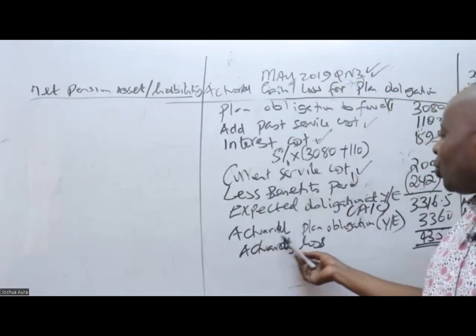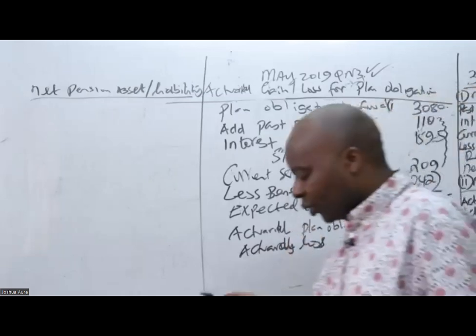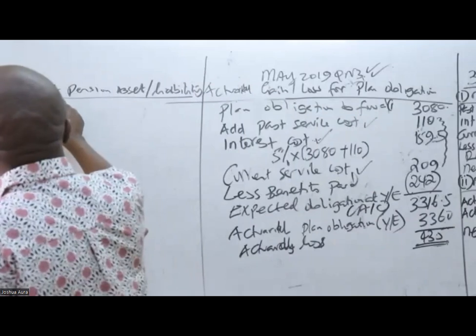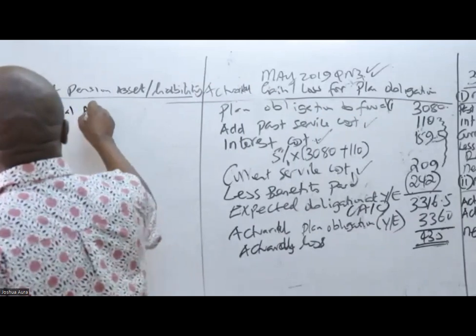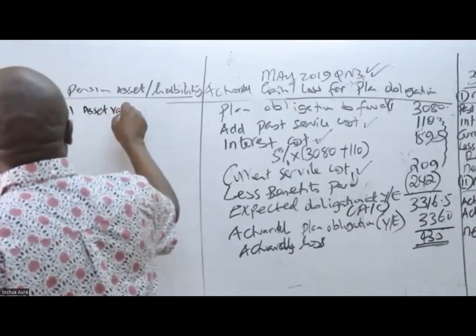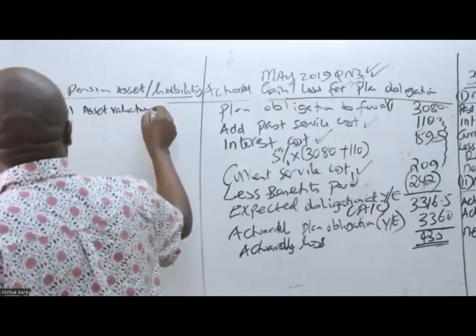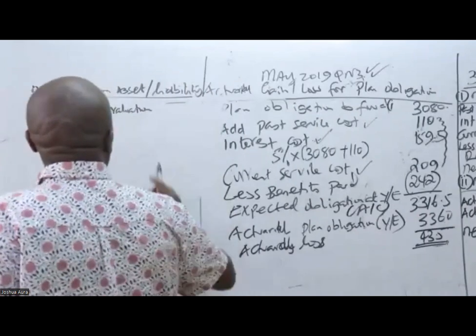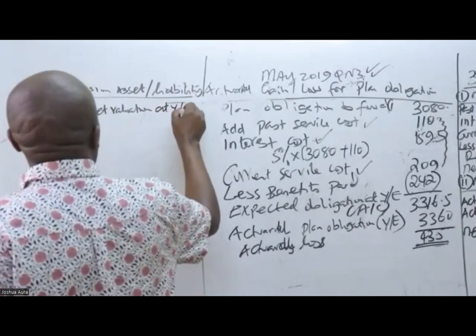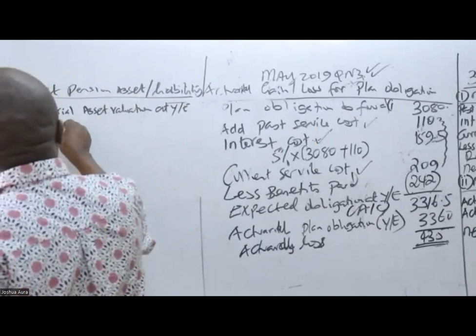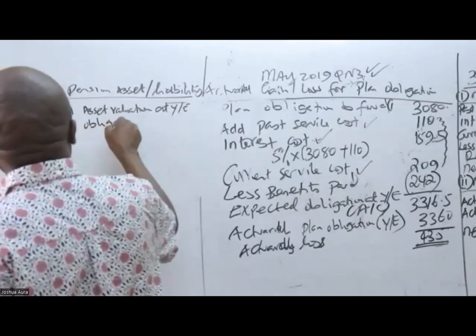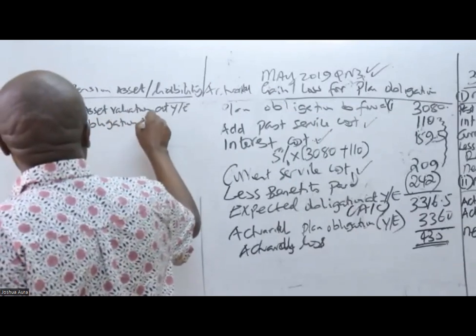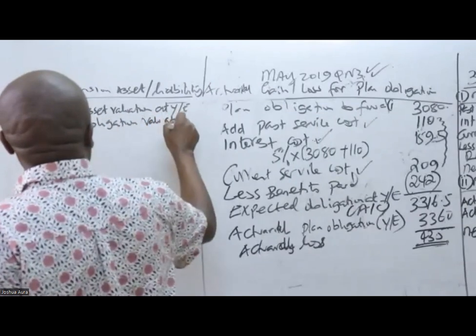Remember, you had the actuarial valuation of the asset. So we have here the actuarial asset valuation at year end, and then we have the actuarial obligation valuation at year end.